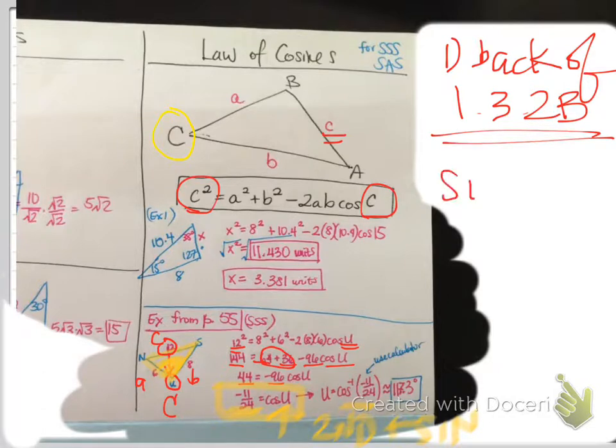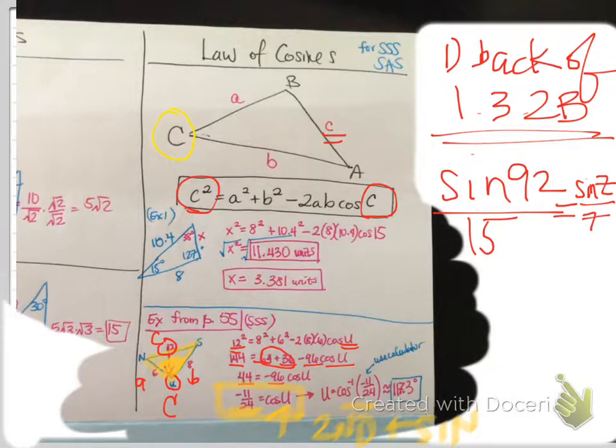Basically, you're going to say sine of 92, this is law of sines, over 15, equals, we don't know that angle, so sine of z over 7. If I cross multiply, 7 times sine of 92 equals 15 times sine of z.